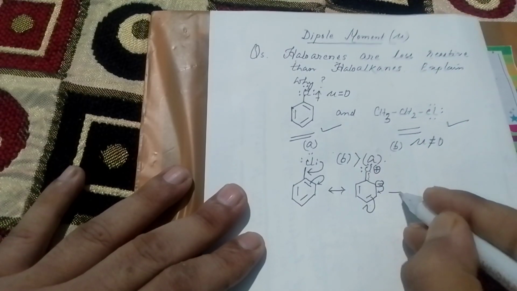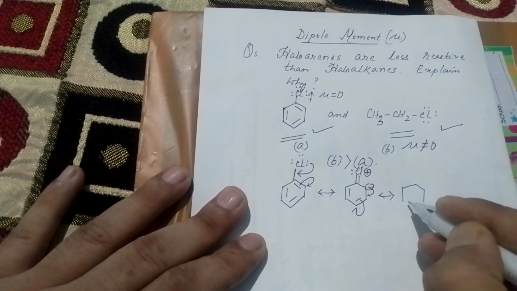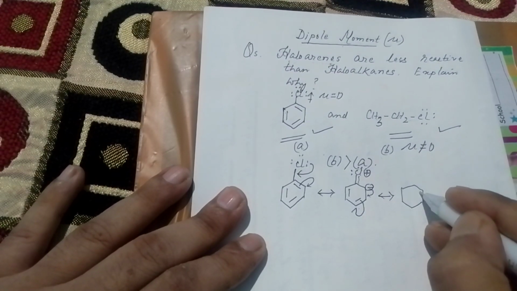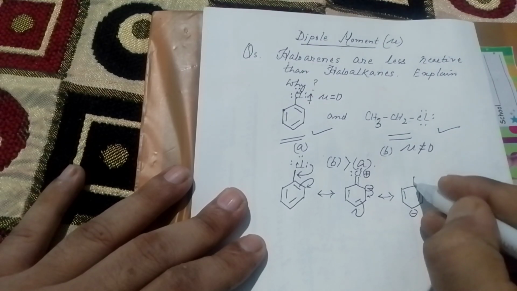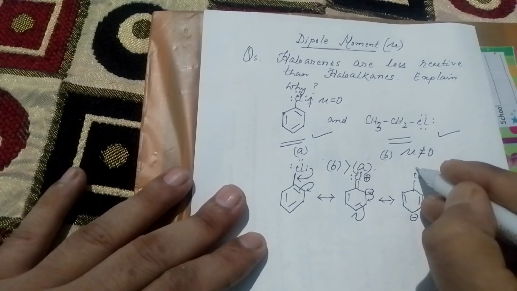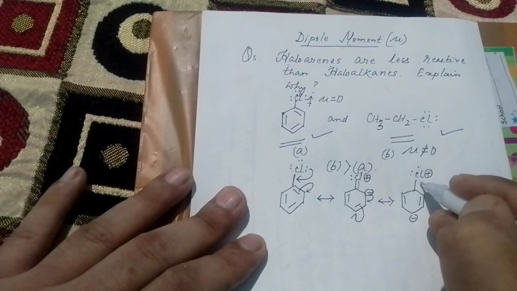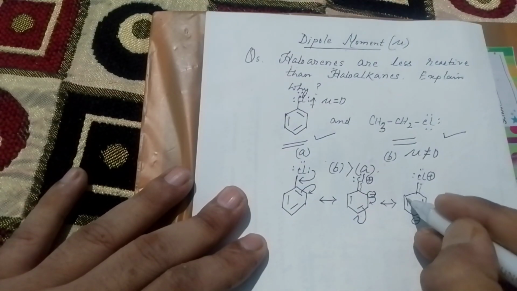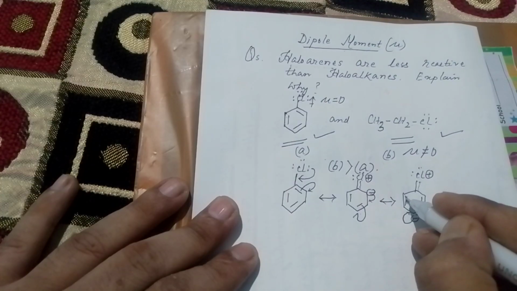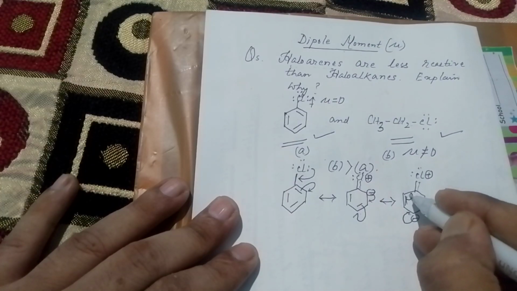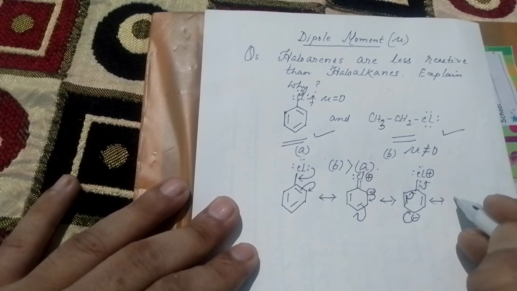In the meta position, you will never see this shift. That's why this is ortho-para directing. Now when you come back to here, this is shifted back, and this is nothing but chlorine with a double bond, a partial double bond. When it shifts back, it neutralizes. This is called resonance.